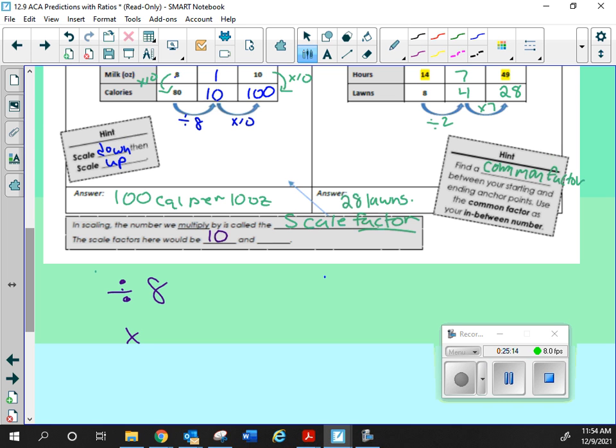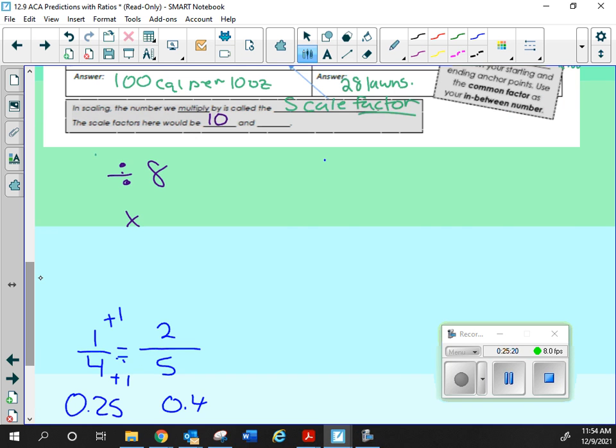But what decimal or fraction? So let's take it back to the second six weeks. How can I turn 8 into a fraction? You put it over 1. Whenever we divided by fractions, that's the same thing as multiplying by the reciprocal.